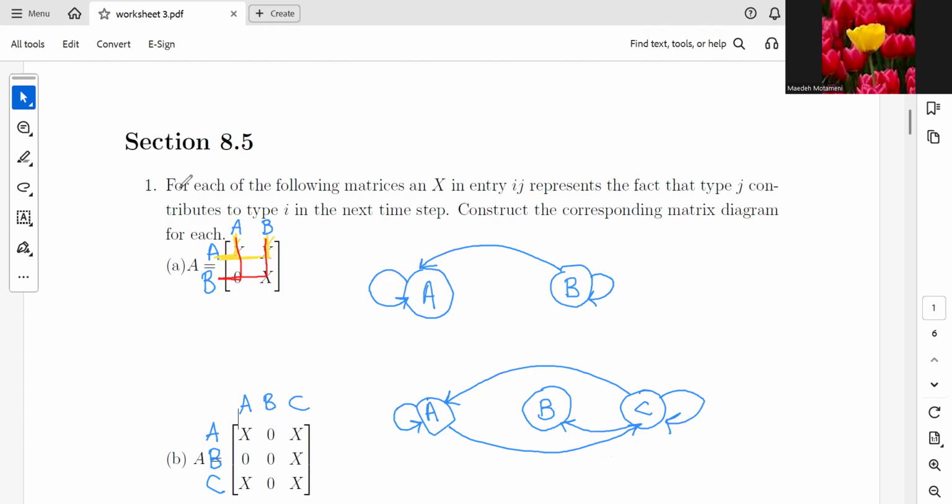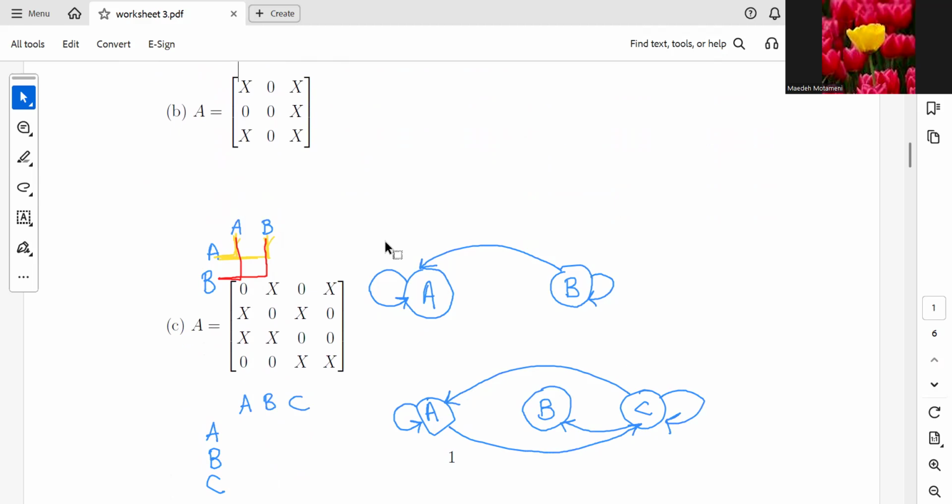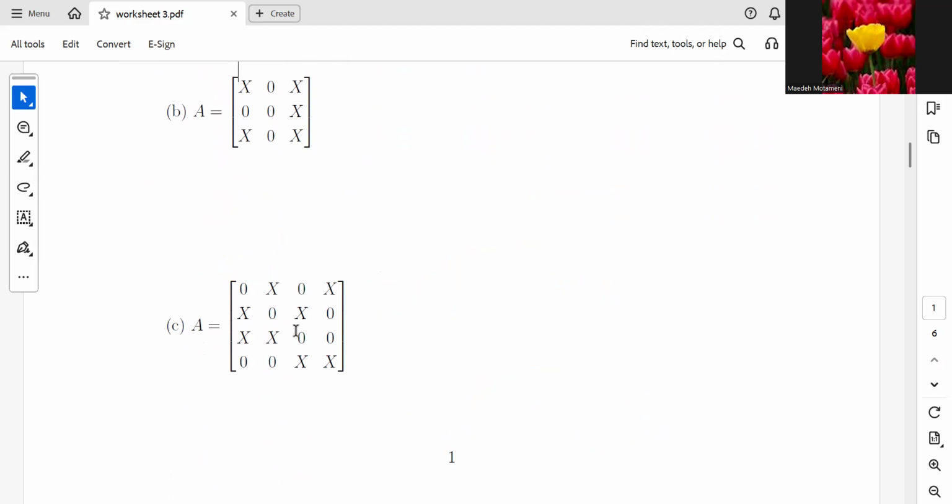Let's do the next one. Part C. We have 4 of them.